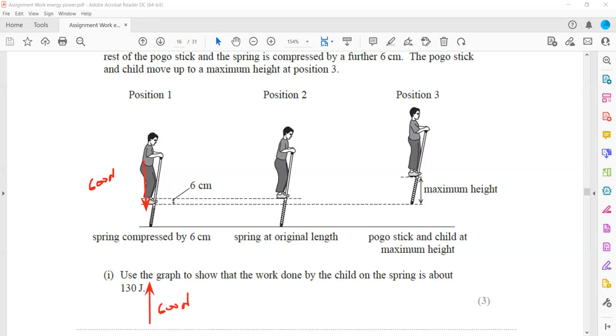Then according to Newton's third law, a pogo stick is applying force on the ground. Say this force is about 700, because as the boy is pushing it down, there is already the weight plus the 100 Newton from the boy. So there is 700 Newton downward. As a result, the ground will also apply an upward force of 700.